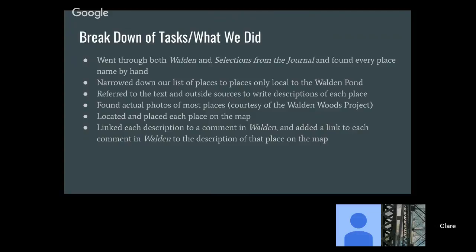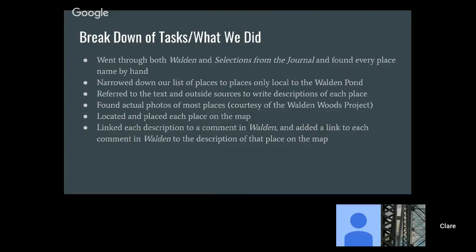I think most people are familiar with the Walden Woods Project, but, direct quote from their website, it is a foundation committed to preserving the land, literature, and legacy of Henry David Thoreau. They provide educational programs and resources built upon Thoreau's philosophies and work. And then we located each place and placed each on the map.